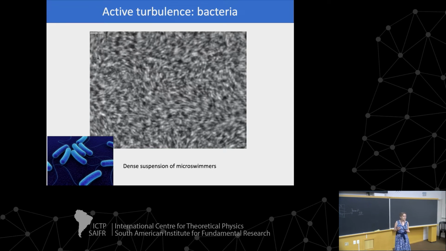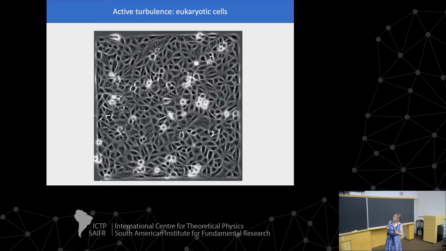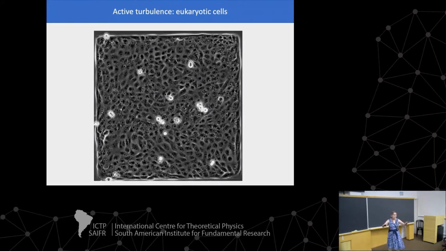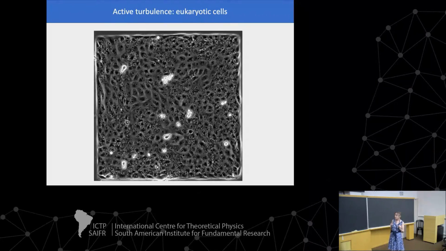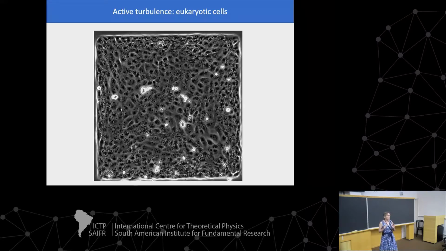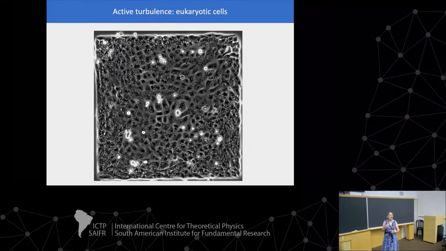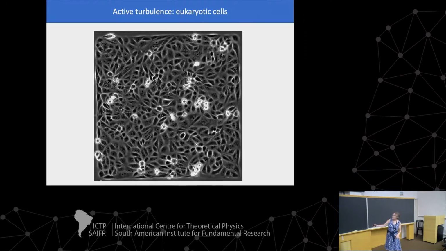Let's see what other of these active systems do when you put them together. These are cells. This is a two-dimensional layer of eukaryotic cells. Eukaryotic cells are squishy cells. This is the sort of thing you have on the lining of your stomach, okay? And these are an active system.